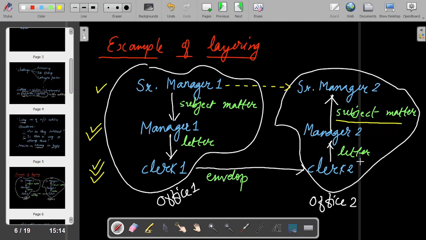The envelope was received, the letter was taken out, and manager 2 reads the letter, understands the content, and discusses it with senior manager 2. So this is an example of a layered approach. The senior managers are at the highest level, the managers are at the second level from top, and the clerks are at the bottom level.